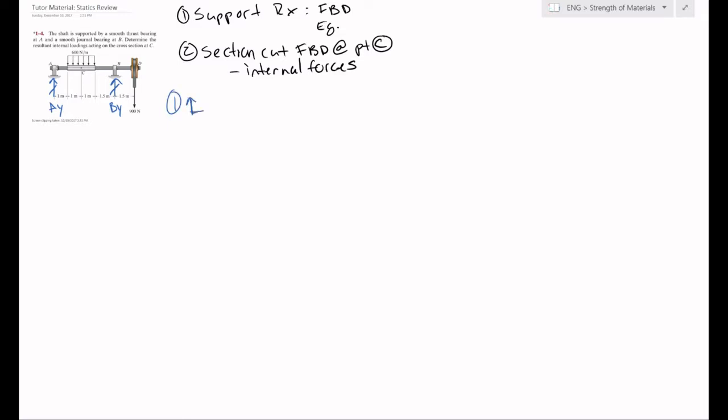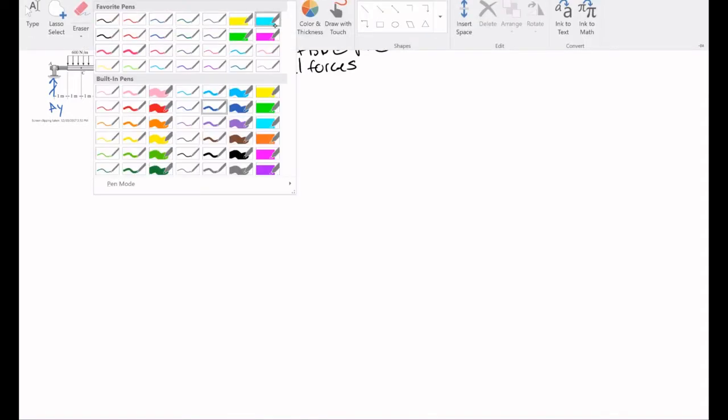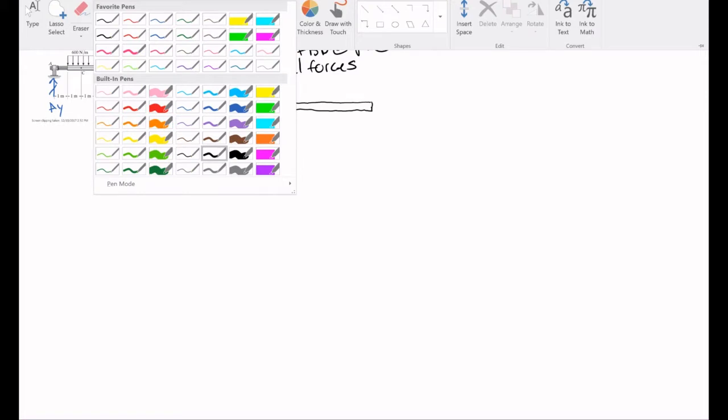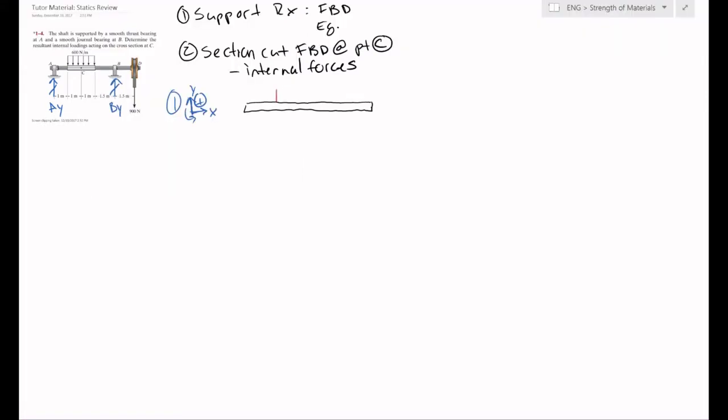Alright, so let's first do our FBD. It's pretty simple, so make sure to draw what coordinate system you're using. We can keep this pretty simple too. Just a simple beam. Want to draw our loadings. So the distributed load, 600 newtons per meter, and the resultant of that is going to be 1200 newtons.